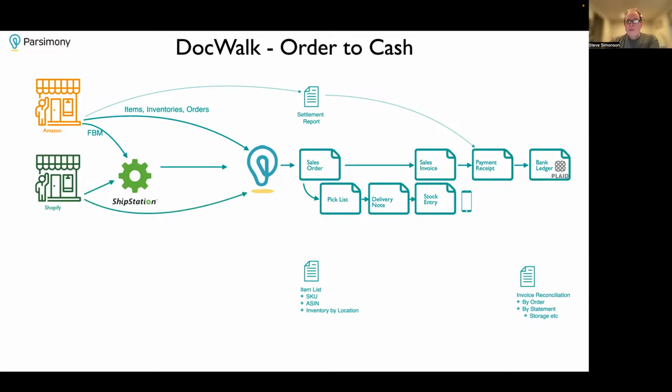So just carrying this to the next iteration, we've talked about it in the Amazon context. Well, listen, the same thing happens with Shopify. You can go through ShipStation if you wish, or Parsimony has direct Shopify integrations. And whichever makes sense for you, it doesn't really matter, because it's going to manage the process and the details the exact same way, because the process is agnostic.